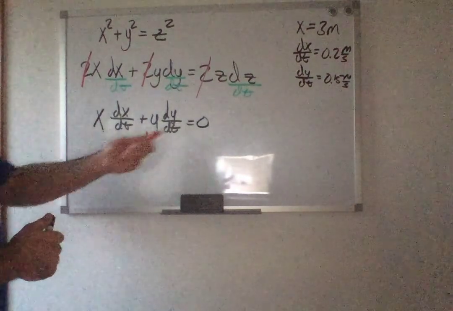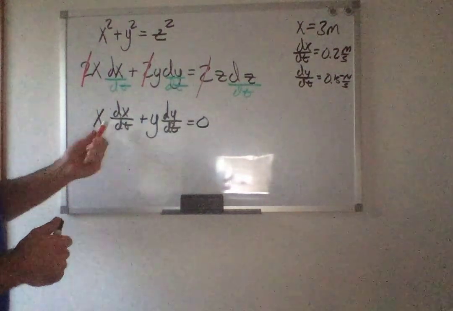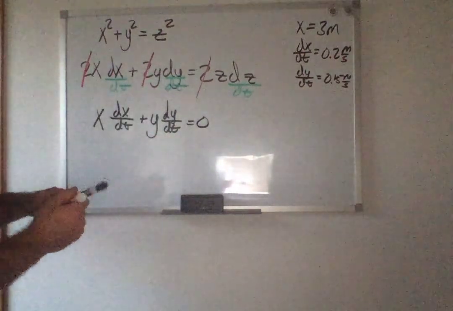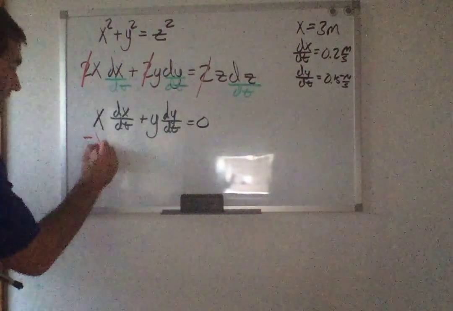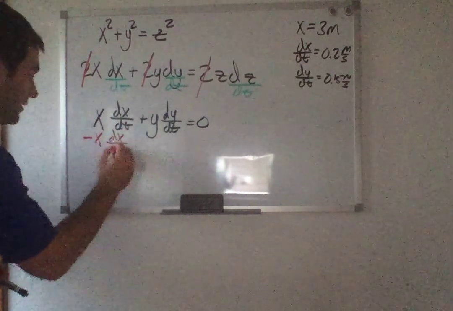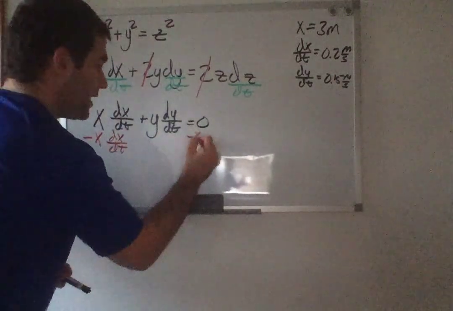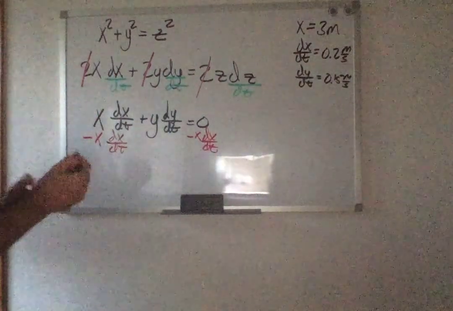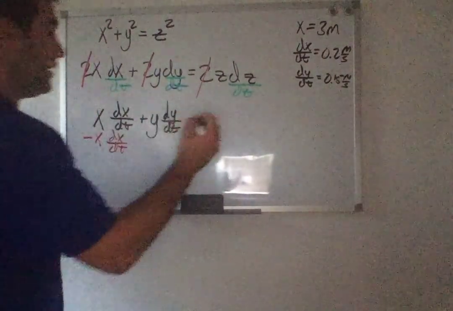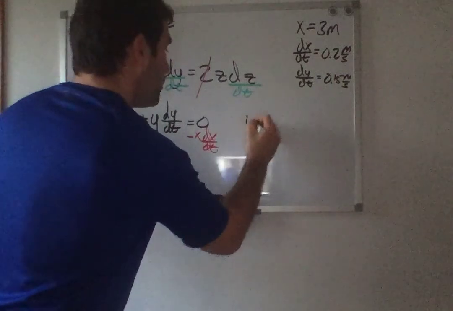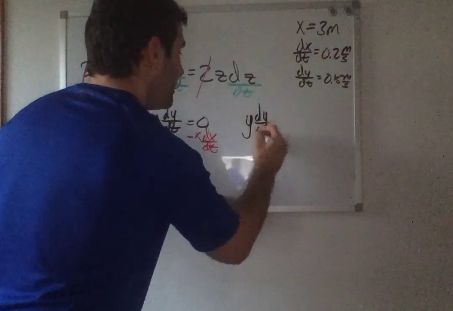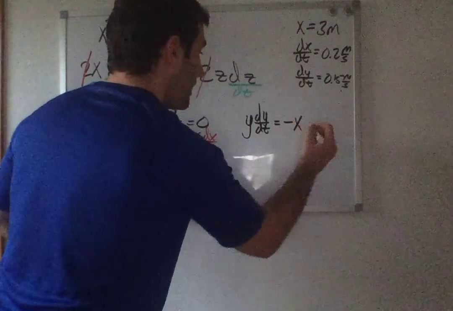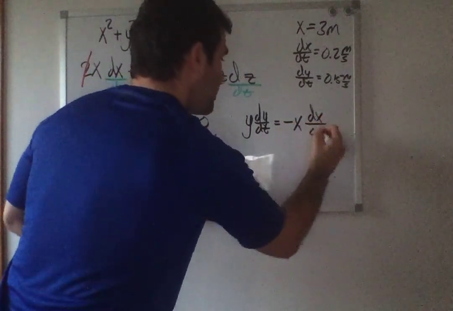So you can see from here, we can solve for y. We have to move this term over to the other side, and then divide by this term. So let's go ahead and do that. I'm going to subtract x dx/dt from both sides. And then over here, I've got y dy/dt is equal to negative x dx/dt.